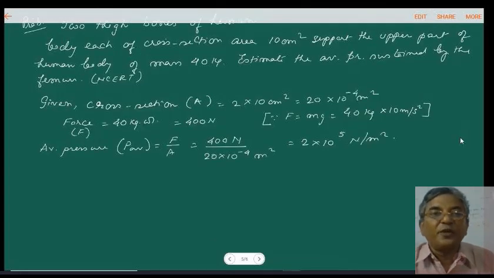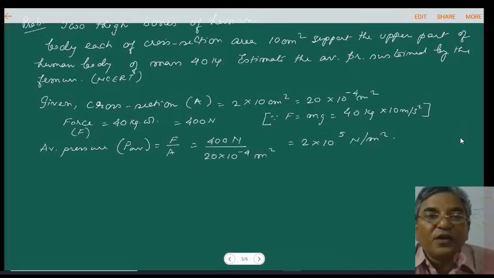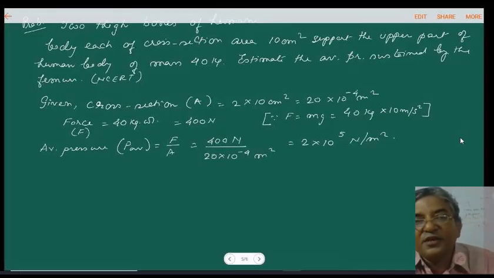The two thigh bones of the human body, each of cross section area 10 square centimeter, support the upper part of the body of mass 40 kg. Estimate the average pressure sustained by the femurs.